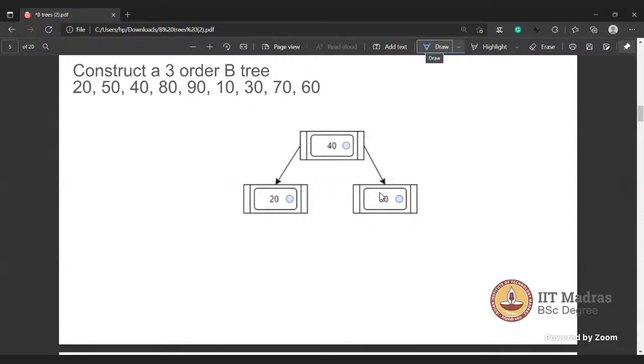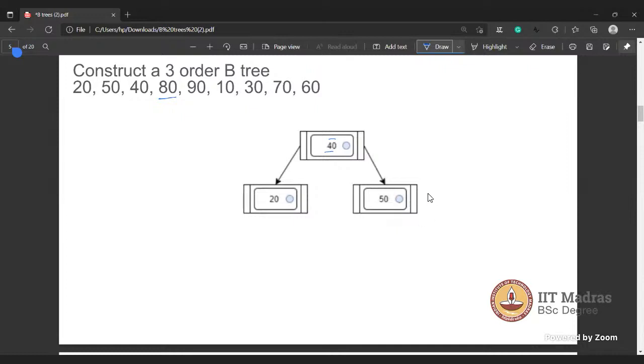After that, we have to insert 80. Let's check where it should be inserted. 80 is greater than 40, right? It is greater than 50, right?